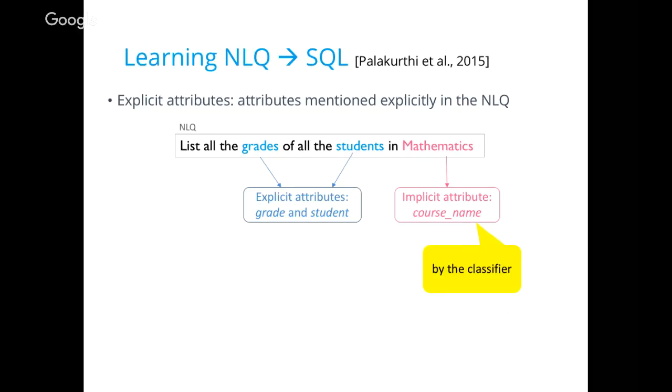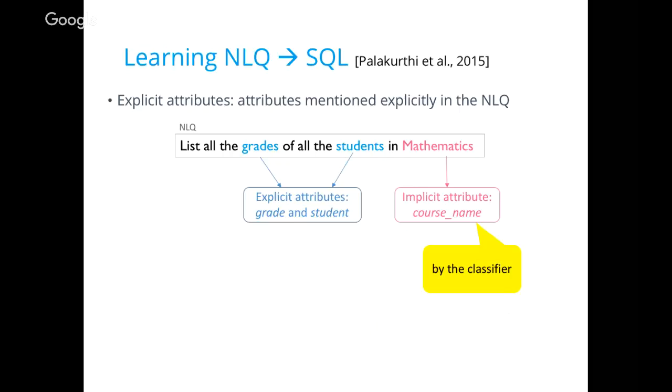What it tries to identify is something called an explicit attribute. Explicit attributes are the things that are already explicitly mentioned in the NLQ. For example, grades and students are already some database element, either a database table or attribute.